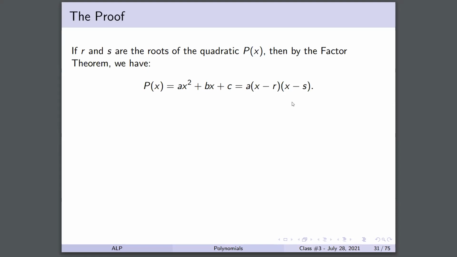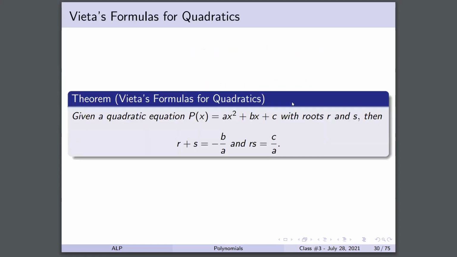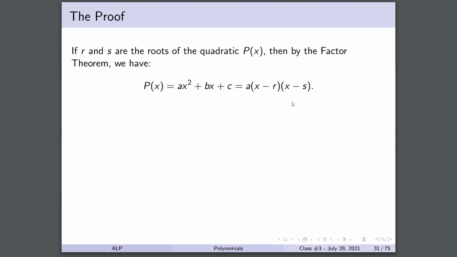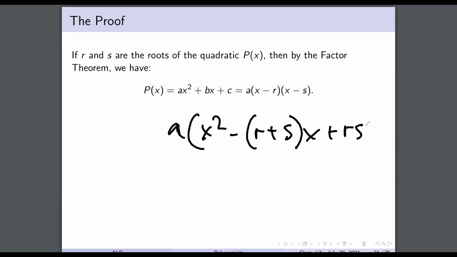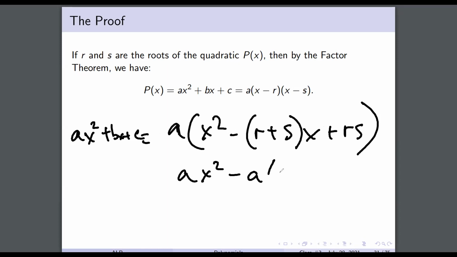And basically, if we expand this, we'll get a times (x squared minus (r plus s)x plus rs) equals ax squared plus bx plus c.